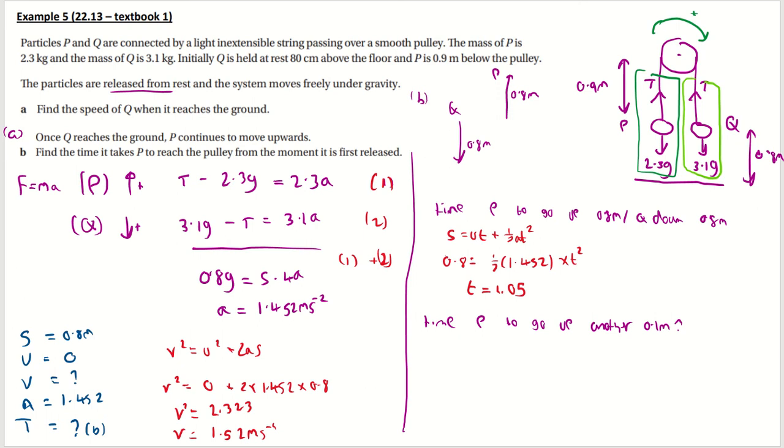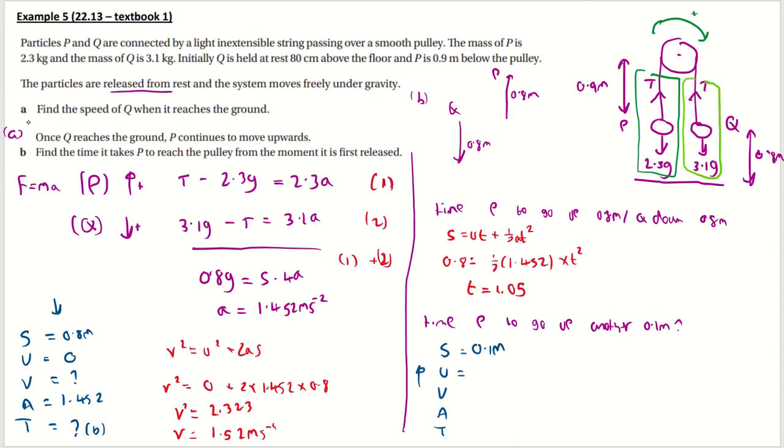Oh well. And then the second suvat, I'll go back to my blue pen for no particular reason. This one is Q going down, but technically the same as P going up. So we've got S, U, V, A, T. We know it's got to travel another 0.1 meters.